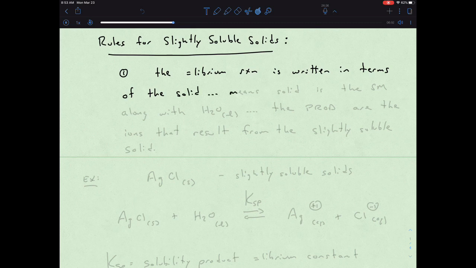Basically that means the solid is the starting material, along with water, much like our acid-base chemistry.